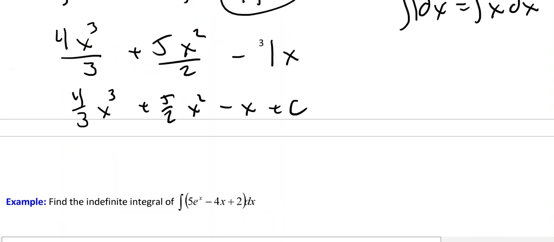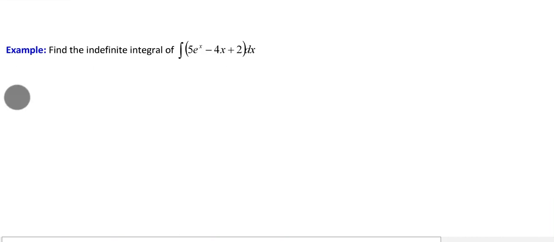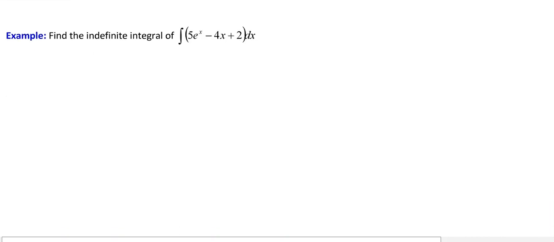Okay, in this next one, we have 3 terms again, 1, 2, 3. Now, I'm not going to write it out term by term again, let's just apply the rules to each one of these terms here. So this would be 5 e to the x is the antiderivative of the first term.